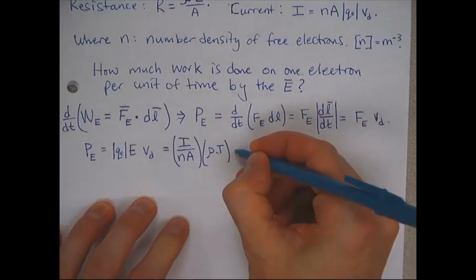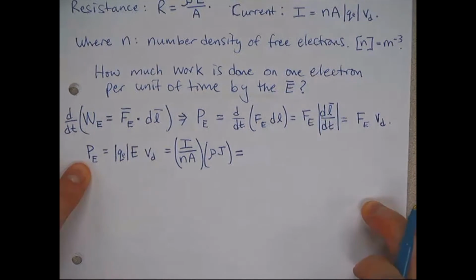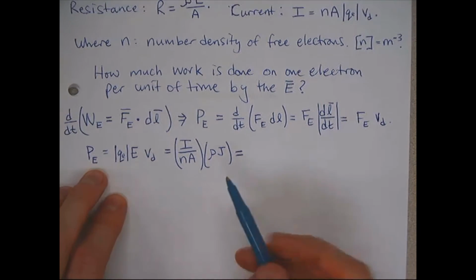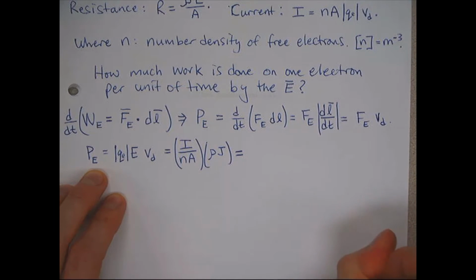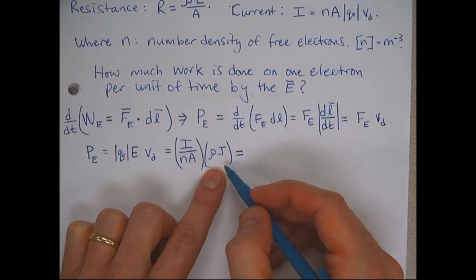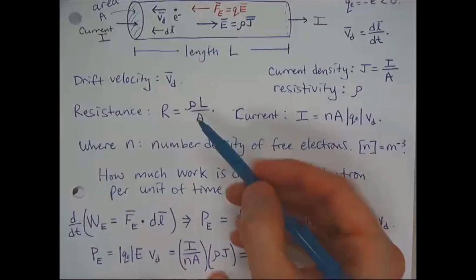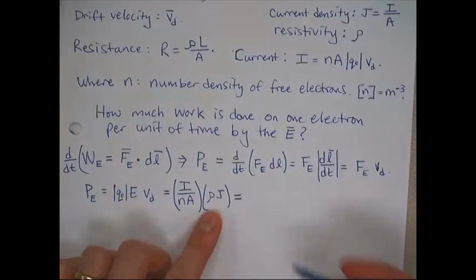Why did we do this? Again, we're trying to justify the power input by that electric field to our system, which is just one electron that we're considering at the moment. All right, rho J, we're going to replace rho with A times resistance over length.